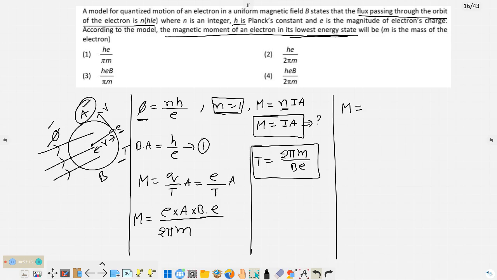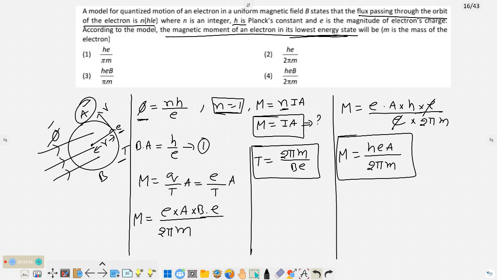M is equal to E into A into h by E into again E, and in the denominator we have 2 pi. We calculate, this E gets cancelled. M is nothing but h e A by 2 pi.